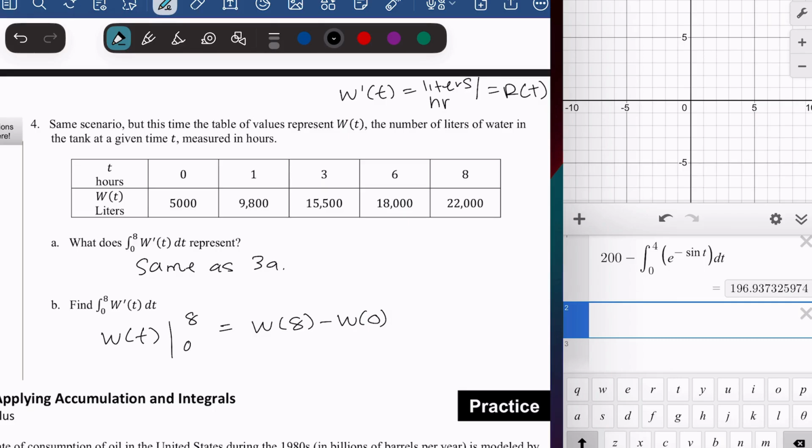And since we have those values in the table, we just plug in those values. So 22,000 minus 5,000, and that gives us 17,000. And then what would be our units? Liters. 17,000 liters.